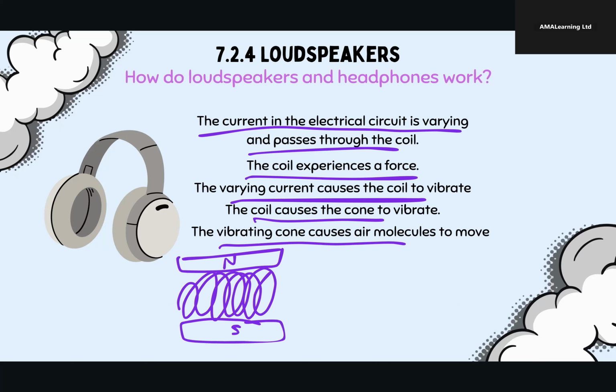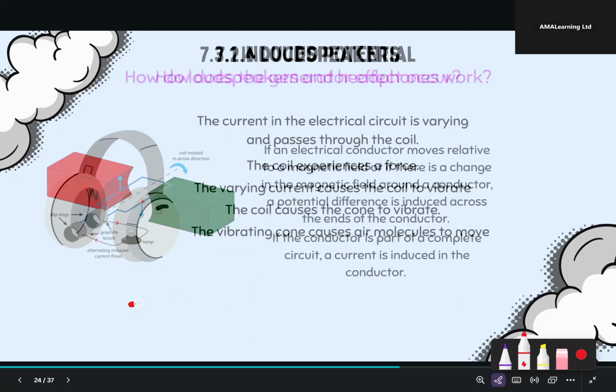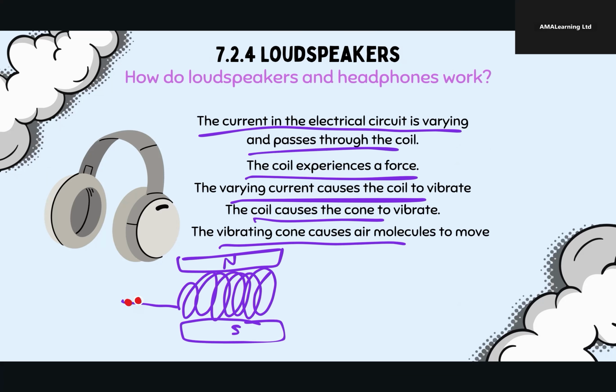So whenever the current flows, the motor effect kicks in. When the electrons flow through, what we're now getting is the motor effect. That means that spring, that solenoid or coil of wire, is going to move.